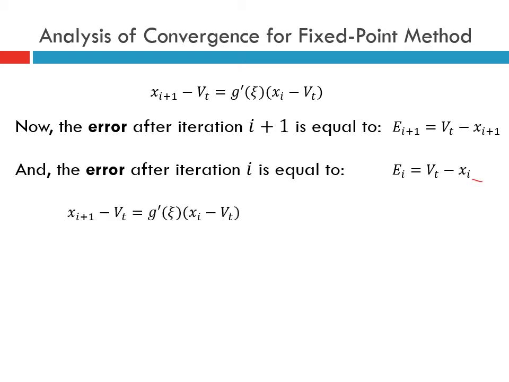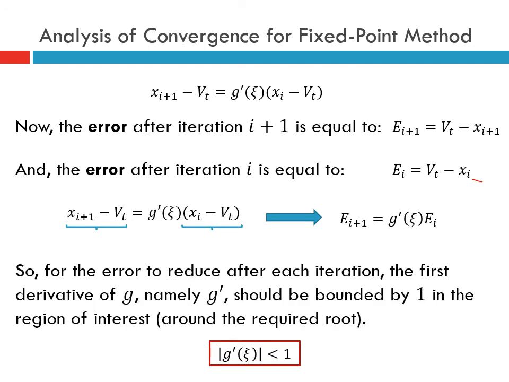So that means that we can rewrite this expression by replacing these underlined quantities with the error, and we can say that E i plus 1 is equal to g prime c times Ei. So the error in the next iteration is equal to the derivative of the function at this value c times the error of the previous iteration.